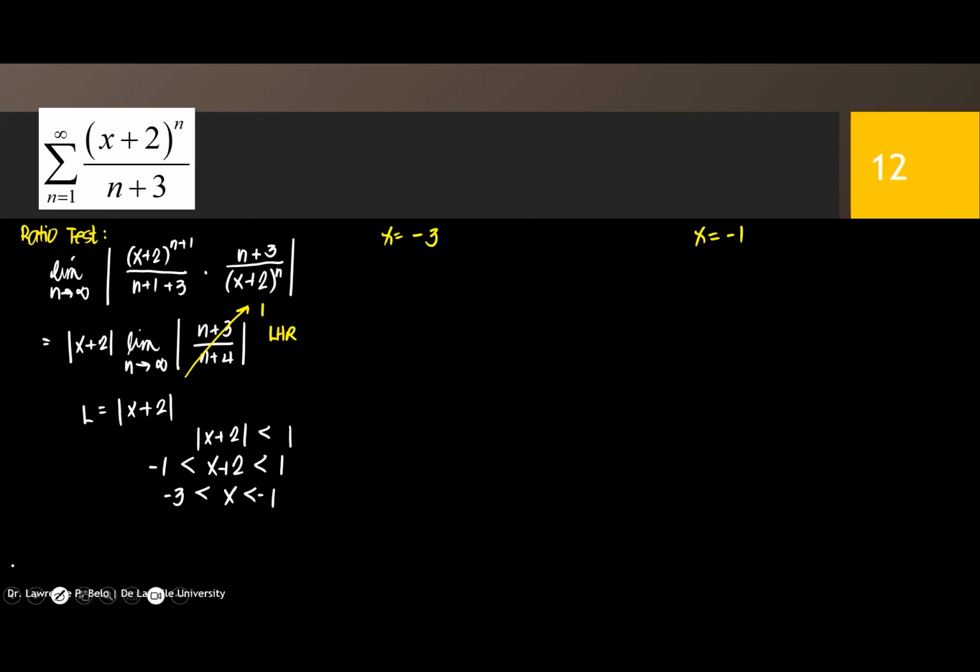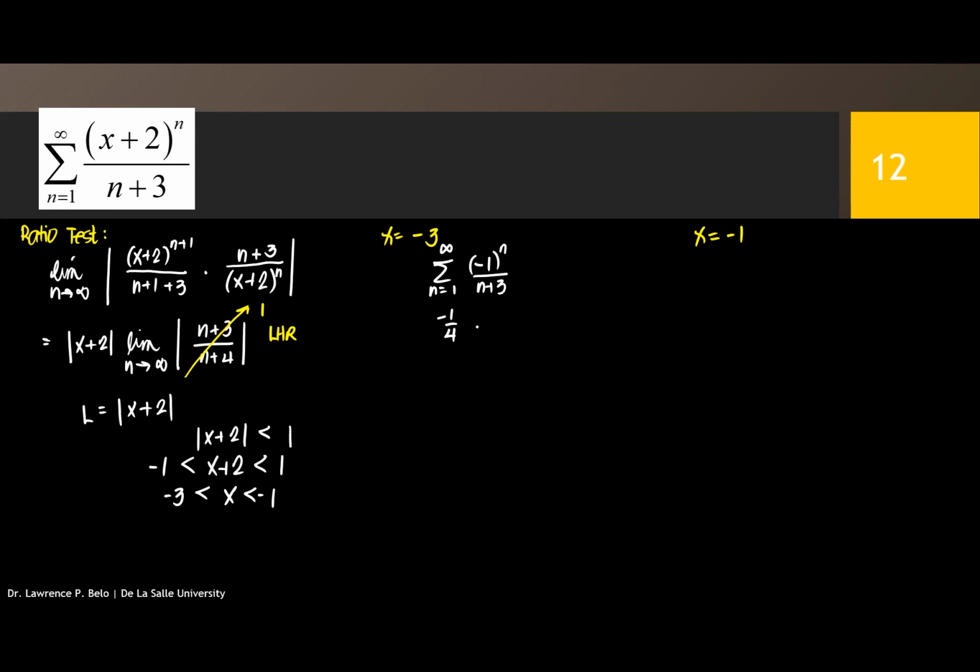So let's look at the summation. Summation from n equals 1 to infinity. Negative 3 plus 2 is negative 1 raised to n, and then this is over n plus 3. What you'll notice is that the values will be negative 1/4, right?